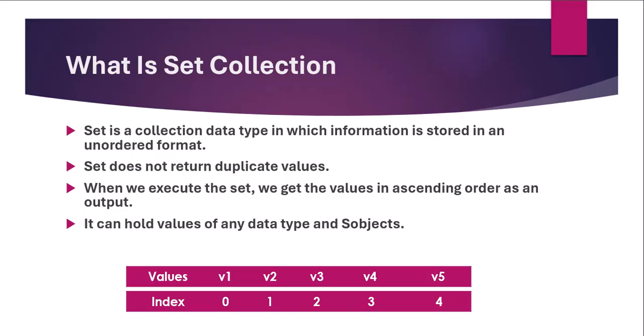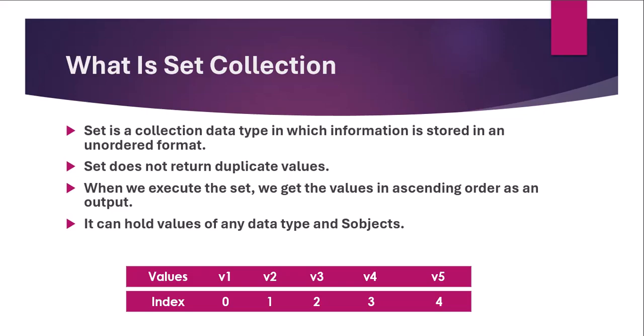Then set collection has a very important property, which is it does not return duplicate values. That means we have seen in the list collection, if we add duplicate values in the list collection, it does not restrict those values and it displays duplicate values also. But in the set collection, whenever we provide duplicate values, it restricts those values and prevents memory allocation.